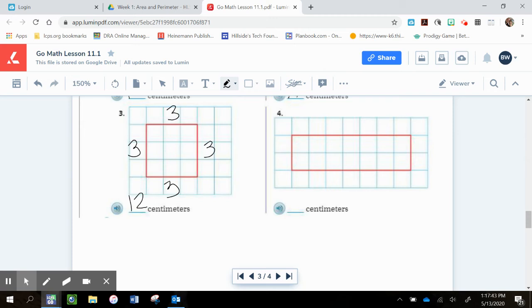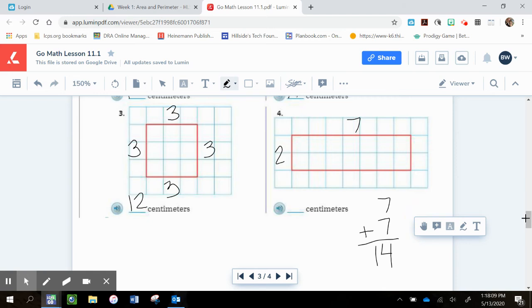And looking at this rectangle here, you can do 2 centimeters here and then count the top. 1, 2, 3, 4, 5, 6, 7. And you can come down and add 7 plus 7 because you know this side is the same as this side, which gives you 14.